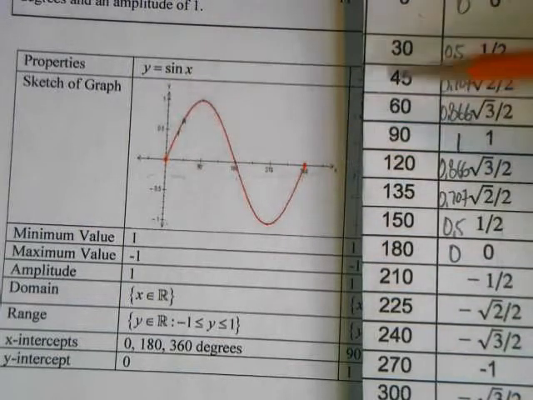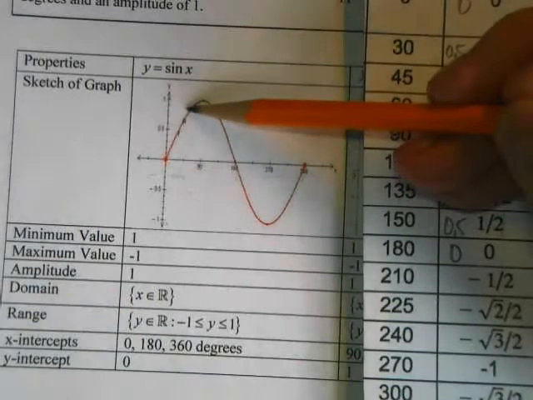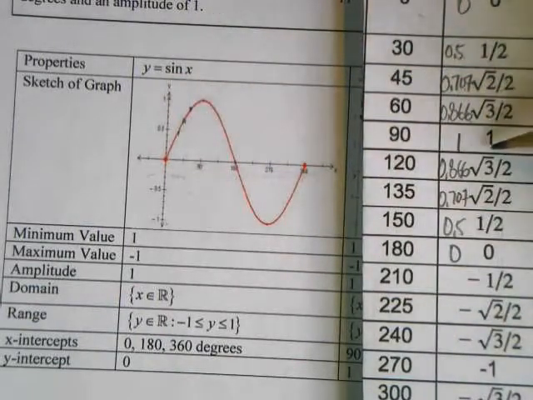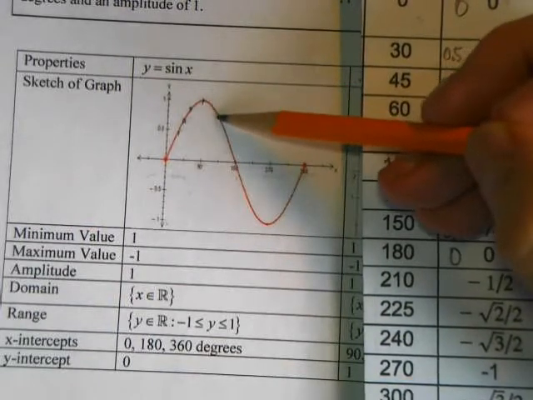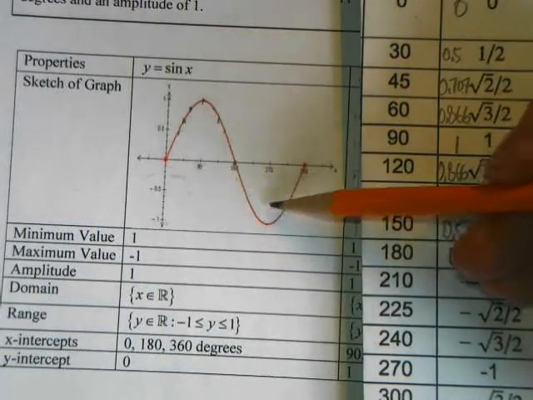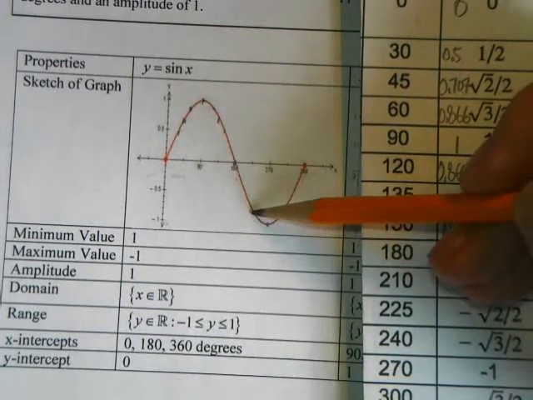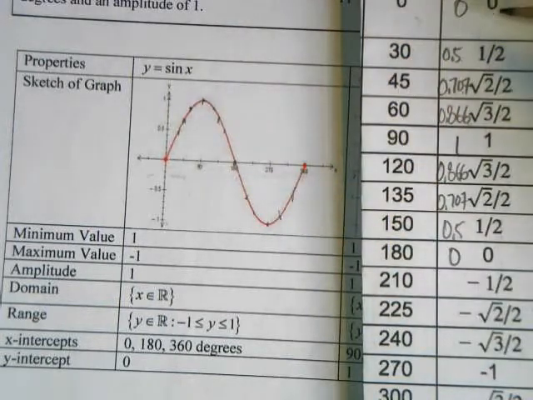And then at 60 degrees, it's 0.866, which is about there. And at 90 degrees, it's up to 1. You can continue plotting these points, and you'll actually make this graph.